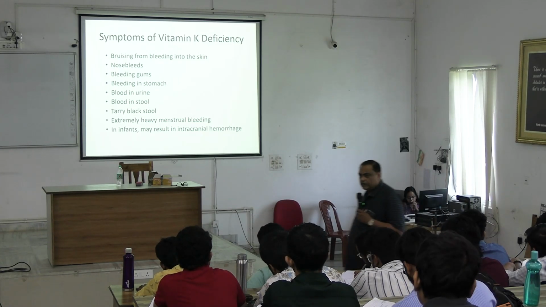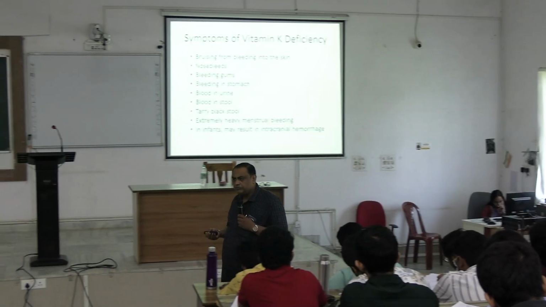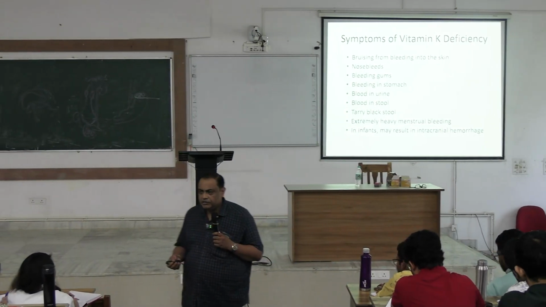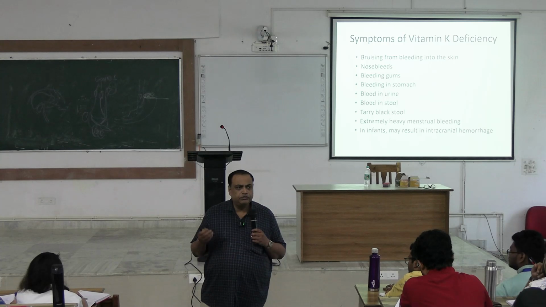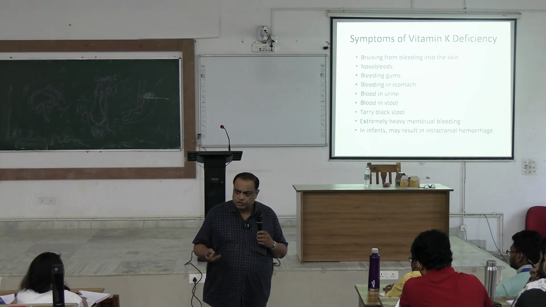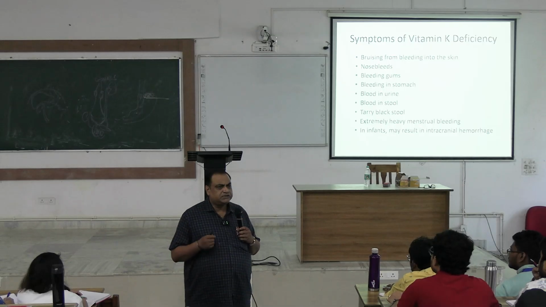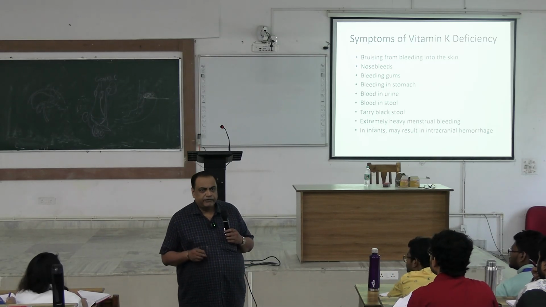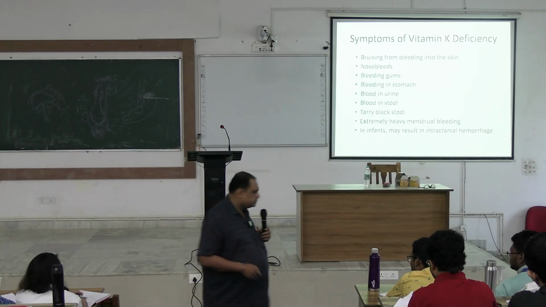If the bleeding is taking place inside the stomach, from where will it come out? In the stool. So you check the stool for occult blood and get the presence of blood. Then if you do colonoscopy and find nothing wrong, that means something is wrong up to the stomach.